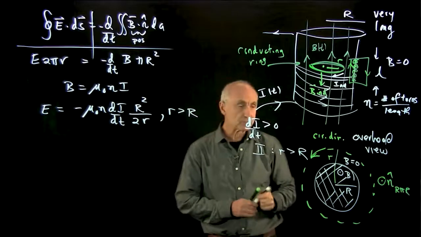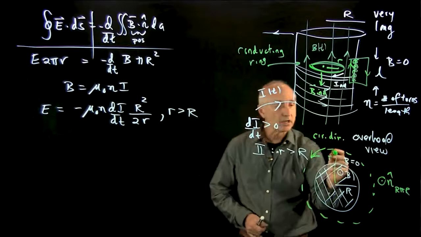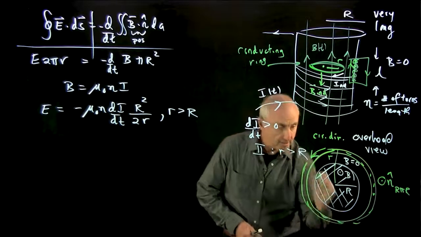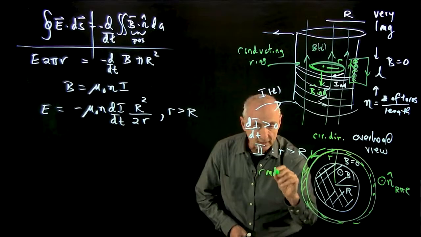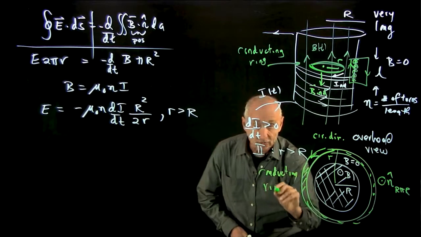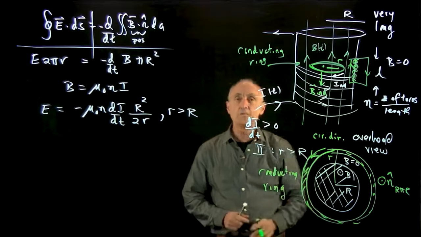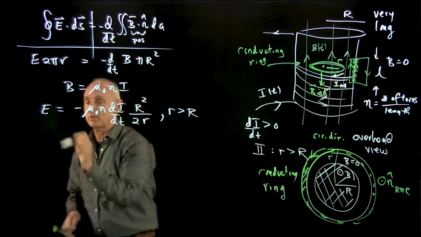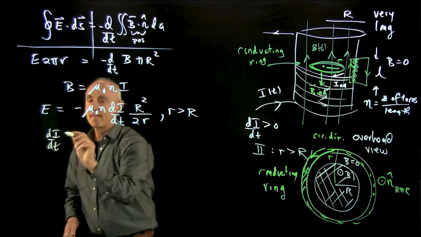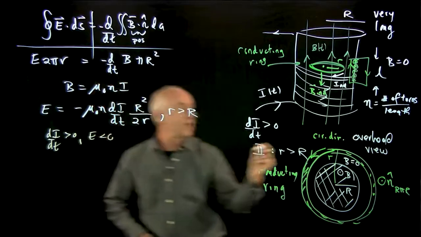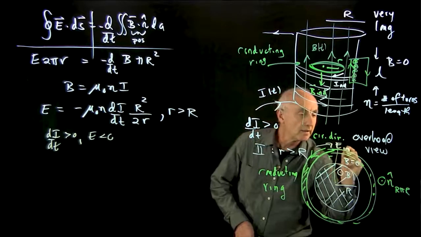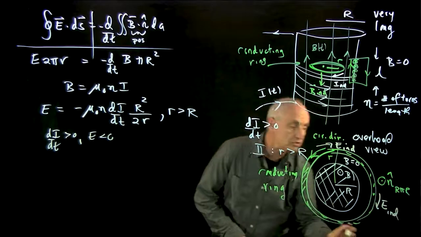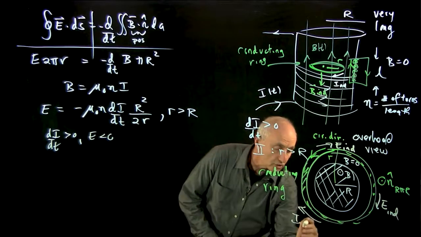Again, as we talked about before, if I were to put a conducting ring out here, so that's a conducting ring, and this is outside the solenoid, there is changing magnetic flux, and here, because dI dt is positive, E is negative, and in this conducting ring, there would be an induced electric field, and that would drive the charges in the ring to produce an induced current.